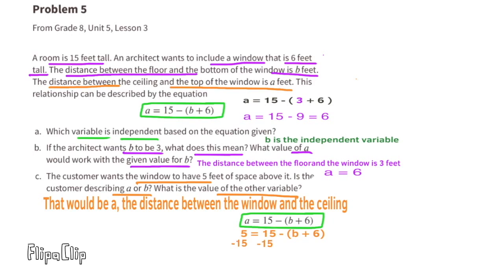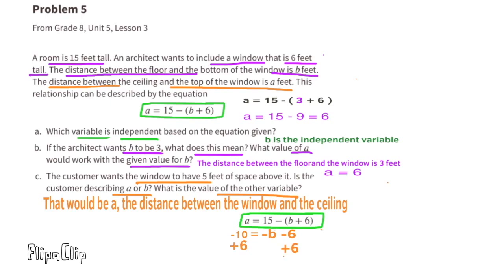So let's subtract 15 from both sides. 5 minus 15 is negative 10. Now the equation reads negative 10 equals 0 minus B plus 6. Negative times b is a negative b, and negative times a positive 6 is a negative 6. So negative 10 equals negative b minus 6.